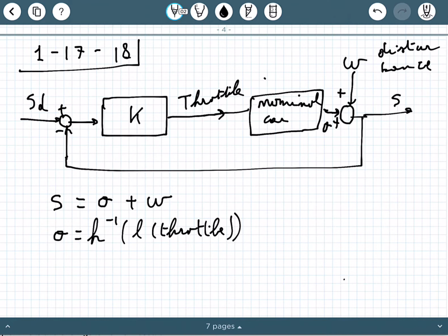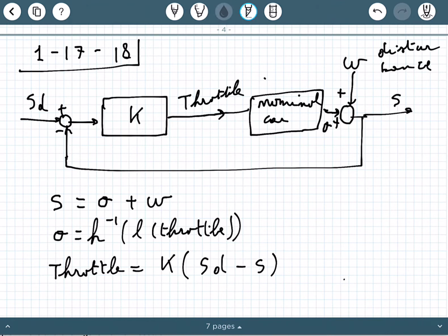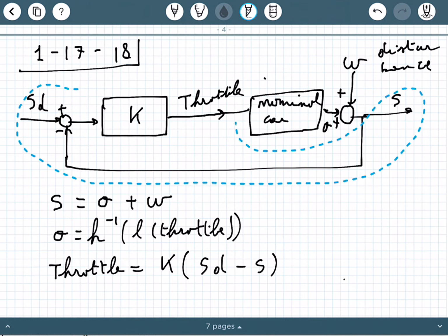And then we write that throttle is equal to K times SD minus S, like we have derived before.